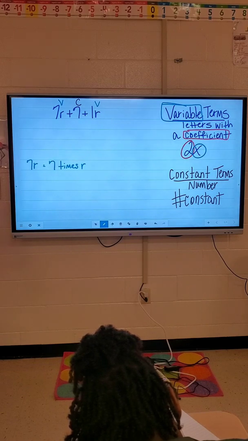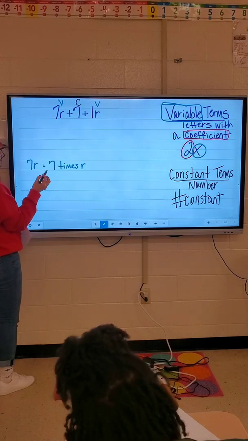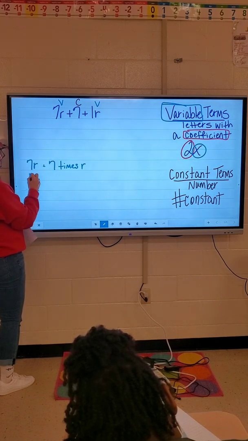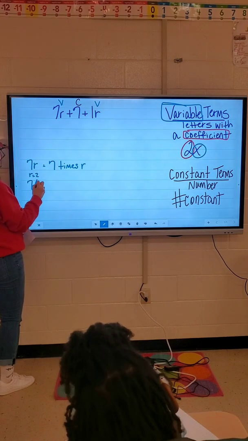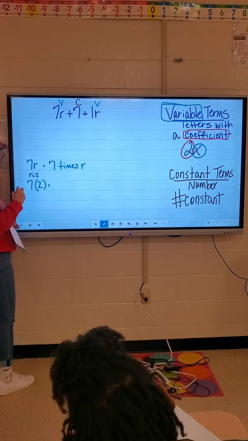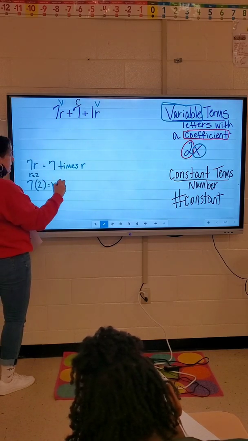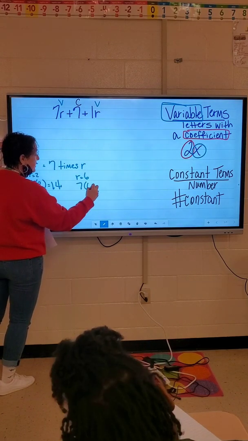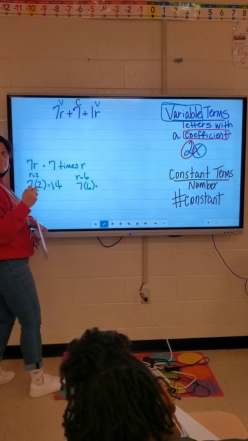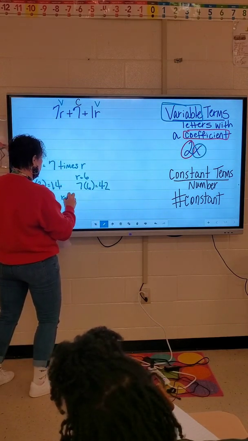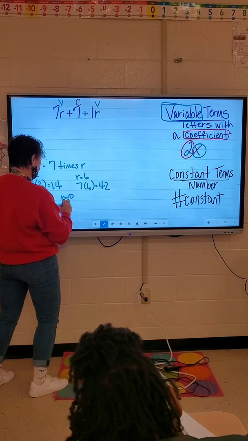So if I tell you R equals 2, then what is this equal to? 14. And if I tell you R equals 6, what is this equal to? 42. And if I tell you R equals 10, what is this equal to? 70.